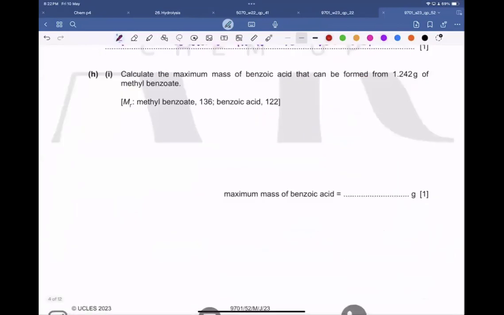Now, part H 1, calculate the maximum mass of benzoic acid that can be formed from 1.242 gram of methyl benzoate. So, see, these are the Mr of these two.